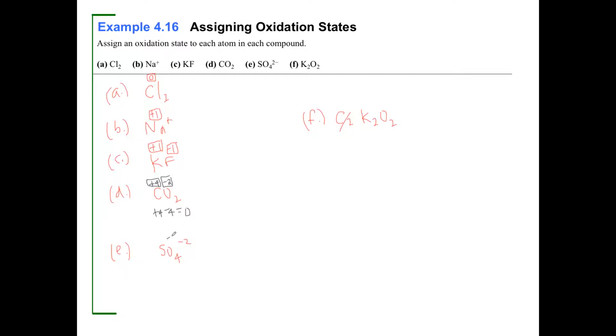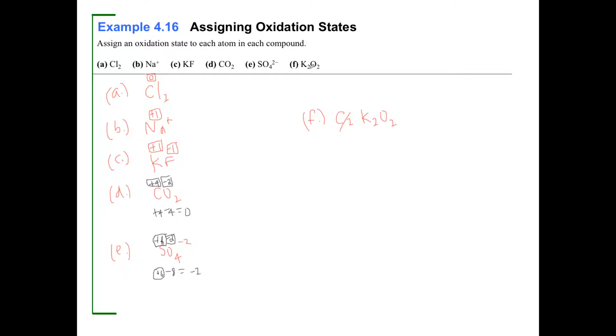Oxygen's group 6, so that's likely to be -2, -8. Sulfur's in group 6 too, but it can't be -2, because whatever it is, it's going to have to satisfy this equation, which is rule 2. So this must be +6. For sulfate, +6 and -2. Can you read that?